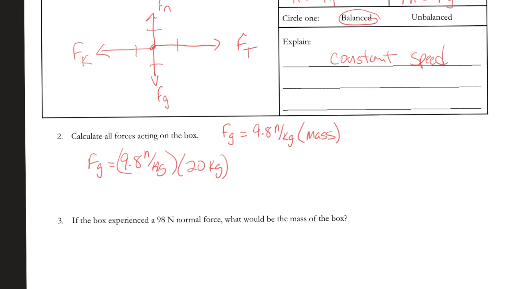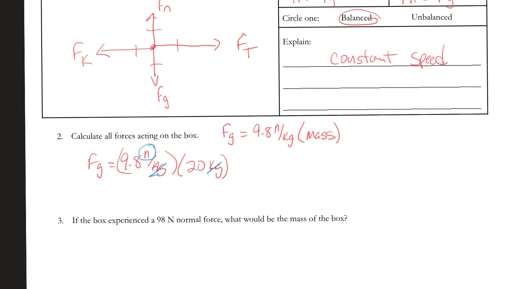Now, before I even put this in the calculator, I'm going to cross off my units. So kilograms is going to cancel with kilograms, so newtons will be the answer for my force, which makes sense because we're going to measure force in newtons.